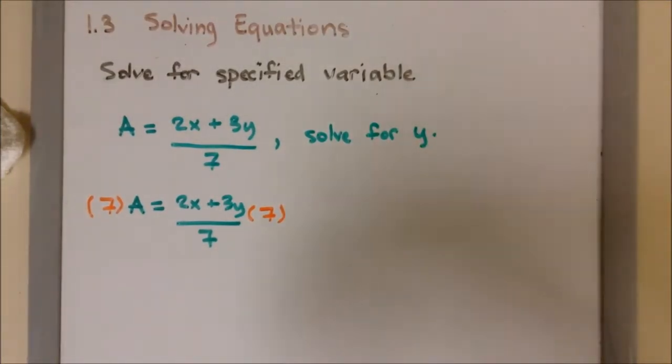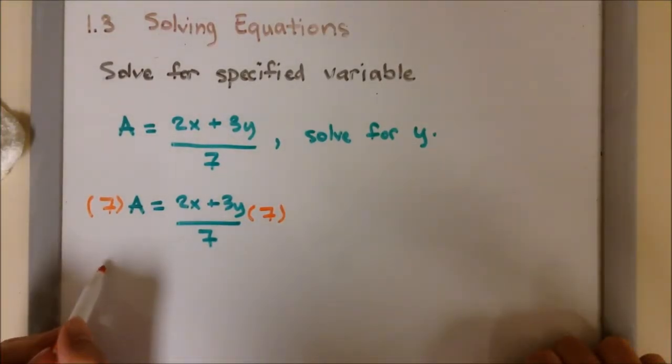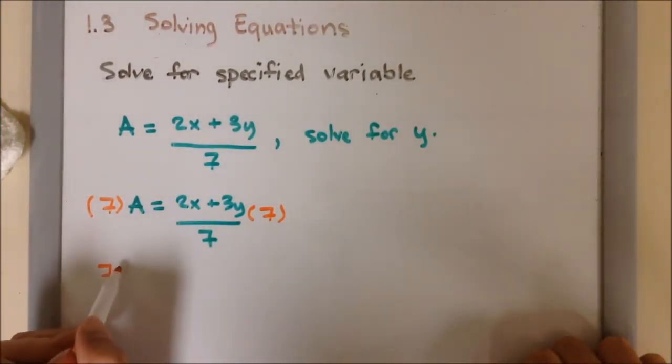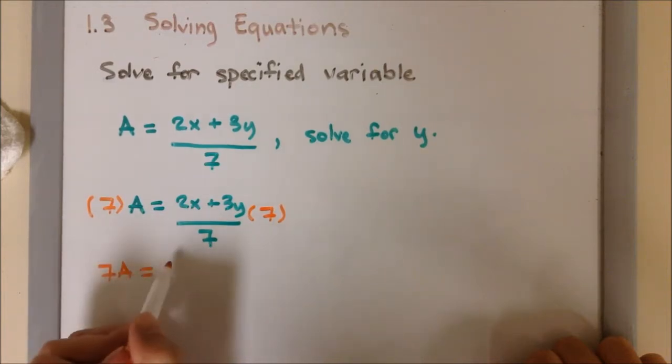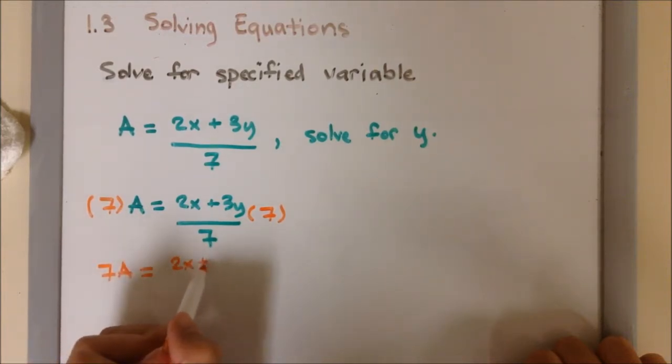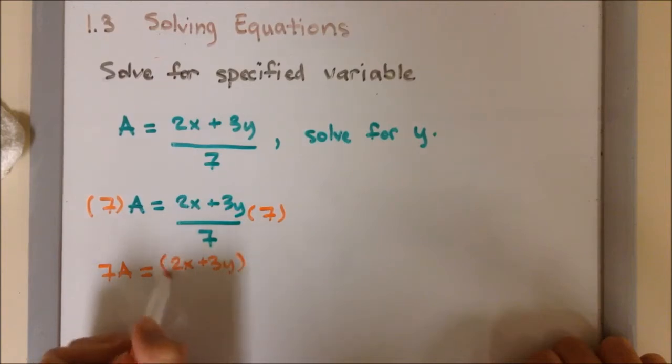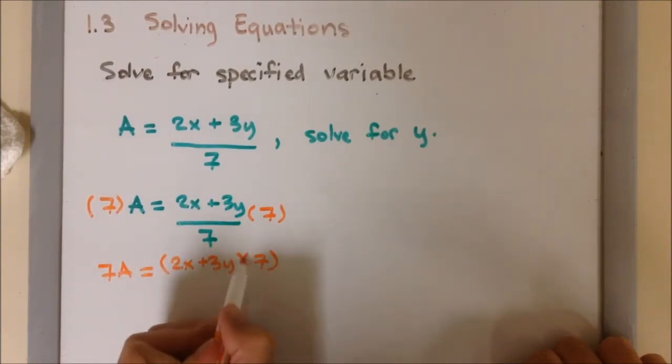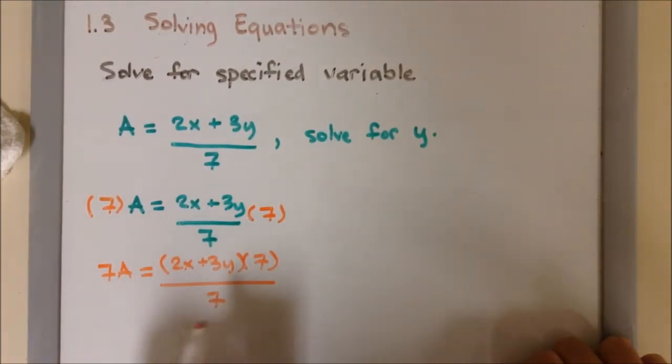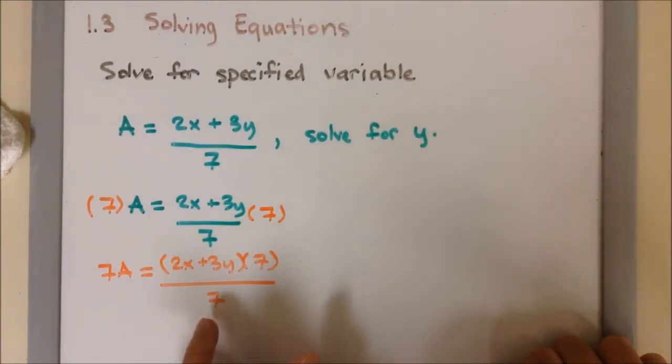So when that happens, it's going to look like this. I'm multiplying the left side, so that's 7a equals 2x plus 3y times 7 over 7. Now 7 divided by 7 becomes 1.